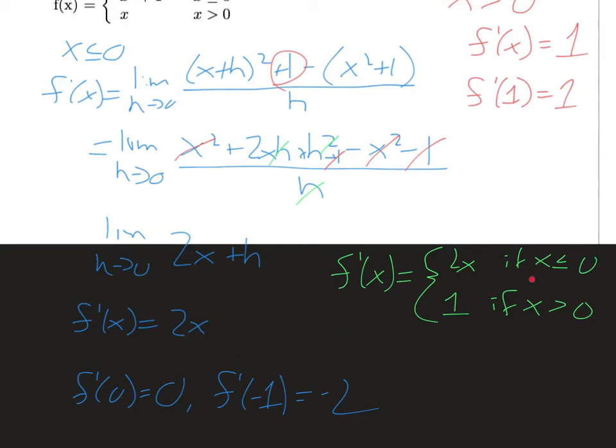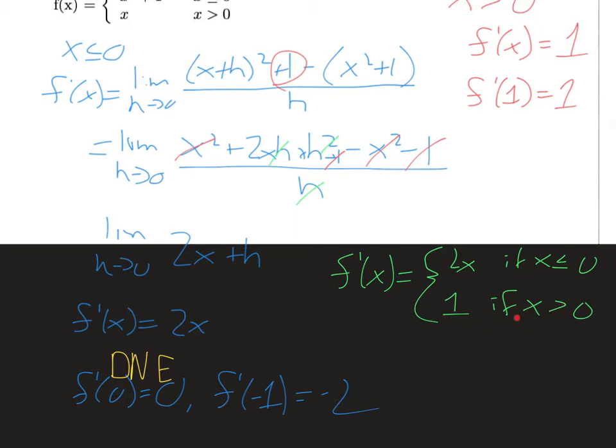And so as I approach 0 on the left, I'm using this piece, but as I approach 0 on the right, I'm using this. And so I'm getting two different values for my limit, which tells me that actually, this does not exist. Because the derivative is a limit, and if I approach x equals 0 from the left, I'm going to get 0.